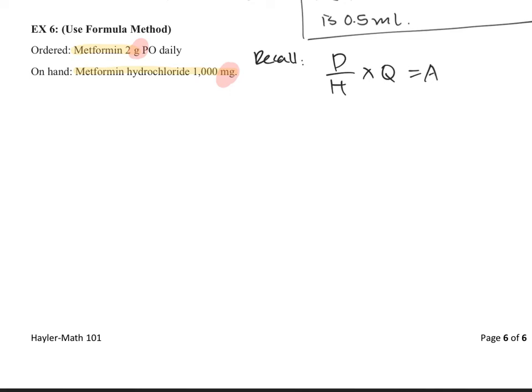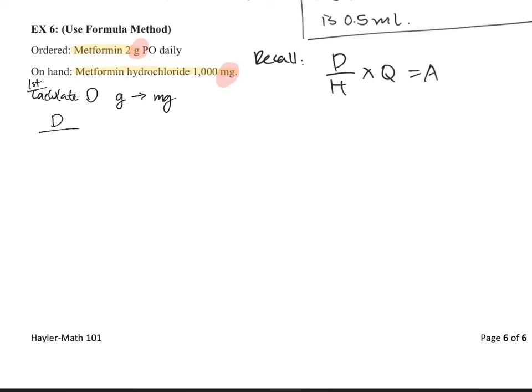So first things first, we're going to go ahead and calculate the desired dosage. So first step, calculate D, which is our desired dosage. We started at grams and we want to go to milligrams because what we have on hand is milligrams. So to do that, we can set up our proportions.